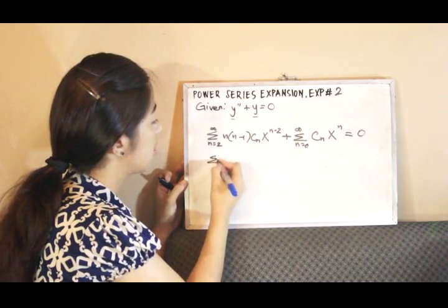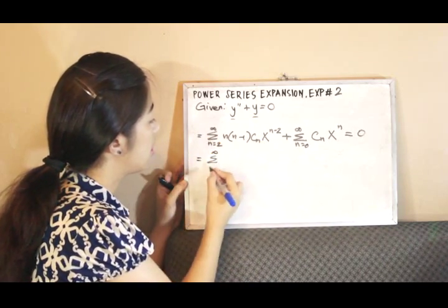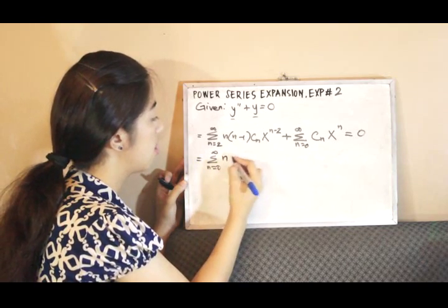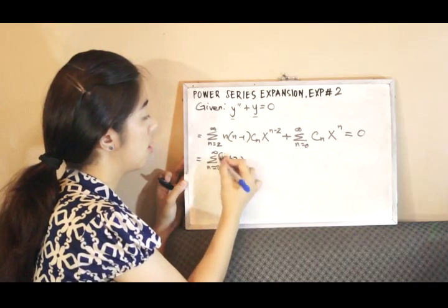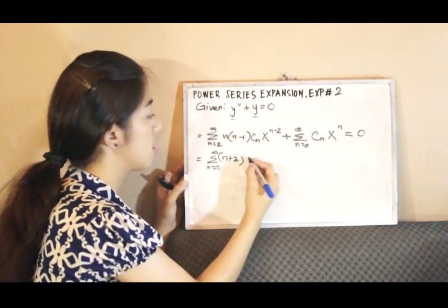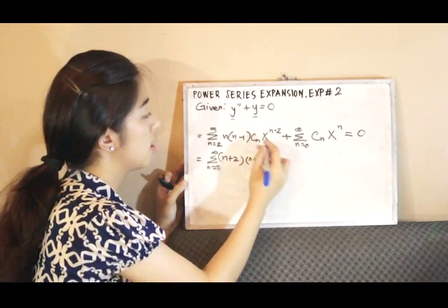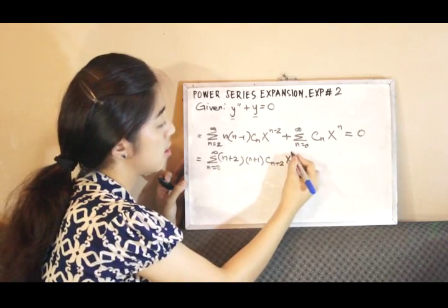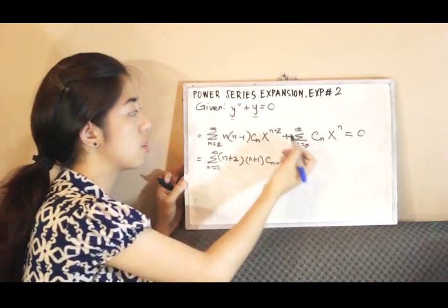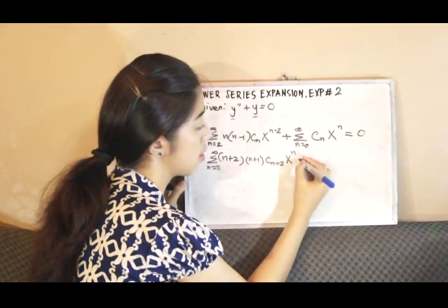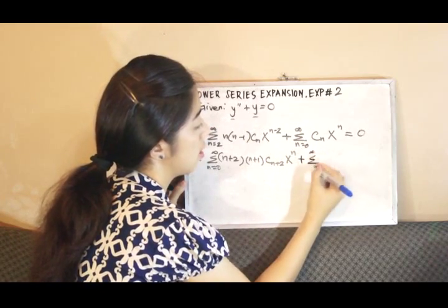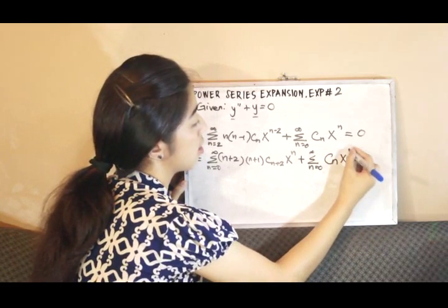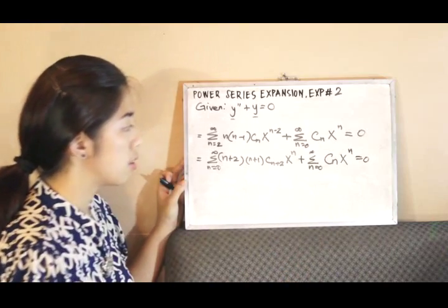So resulting, we have n equal to 2 minus 2, which is 0, and then n plus 2, n minus 1 plus 2 is n plus 1, c sub n plus 2 x raised to n, because n minus 2 plus 2 is equal to 0. So plus the summation from 0 of c sub n x raised to n is equal to 0.